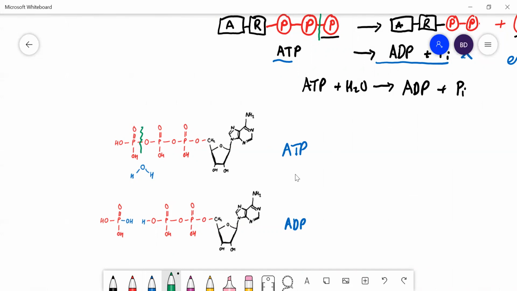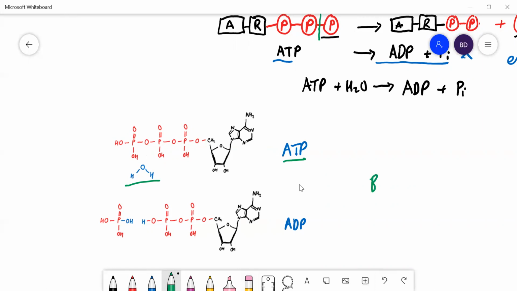And so they say this bond you're breaking is a high energy bond. And that is not true. It's actually a low energy bond. We'll see why, but don't worry too much about it. But right, we've got ATP, and it's reacting with water. It's hydrolyzed. So let's have a look at the bonds that are broken.